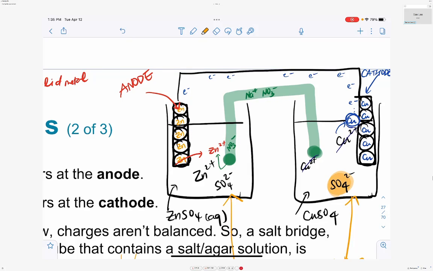So now in this system, you have more anion concentration versus cation concentration. In order to relieve that anion concentration, the cation of the salt, the sodium cation, will slowly move towards the tip of the bridge and move into the beaker and balance out any sulfate that has been built up.